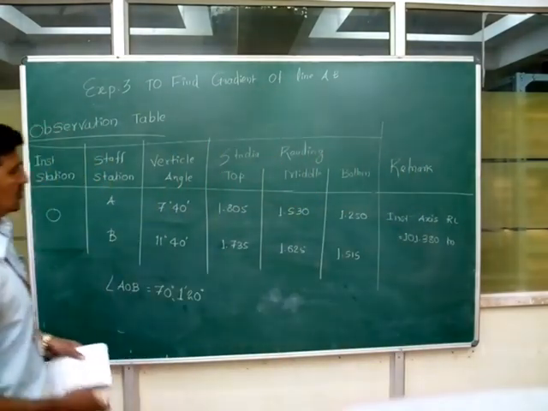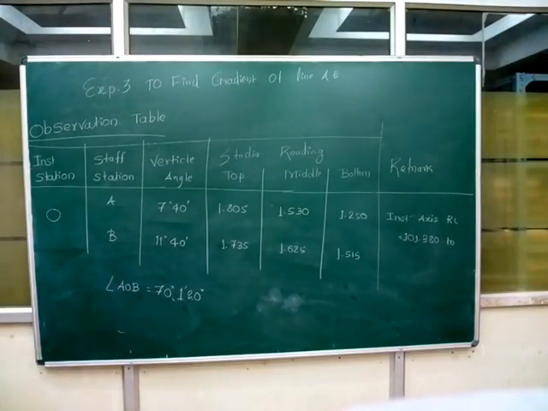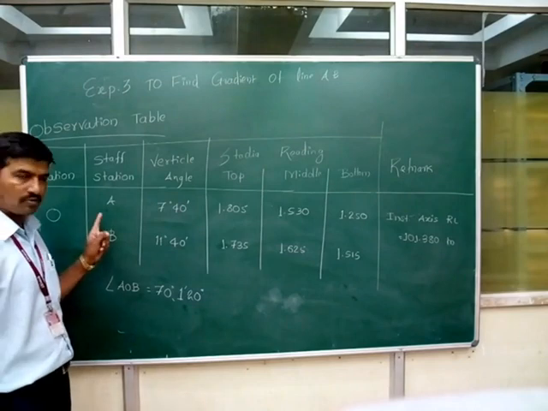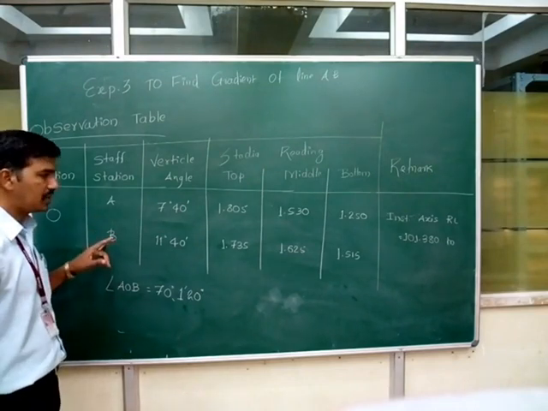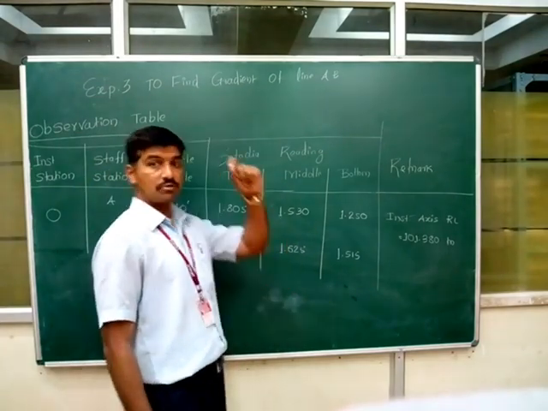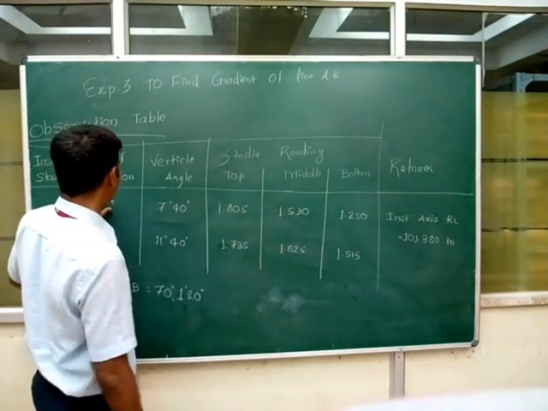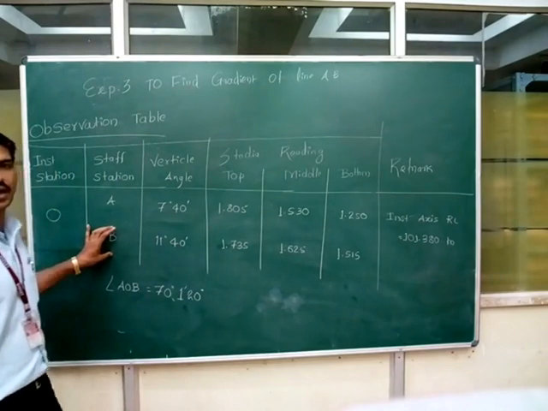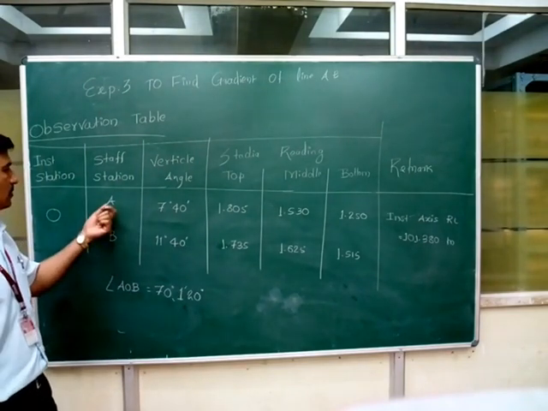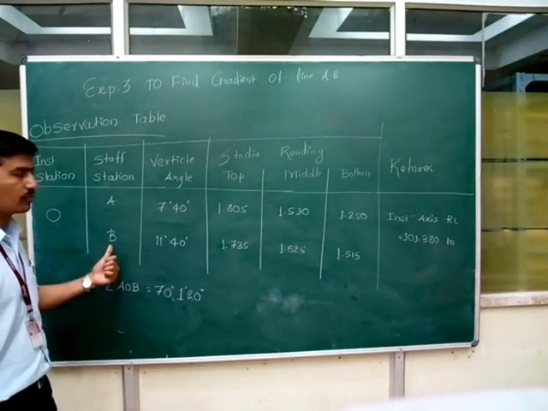Okay, so students, what we have to calculate first is the RL of point A and RL of point B. We have to refer to experiment number 2, in which we calculated the RL of point A and RL of point B. In the same fashion, calculate them here.